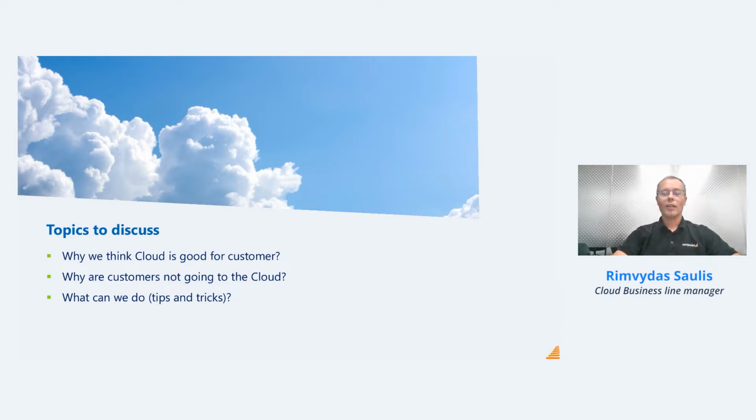So our Dynamics ecosystem is very much based on the indirect channel, meaning the Dynamics partners serve the end customers, and therefore all the customer discussions regarding cloud are probably happening more or less with a partner involved. So yeah, we need to basically get back to the basics and try to understand very clearly why they think cloud is good for the customer, what's the benefit of that.